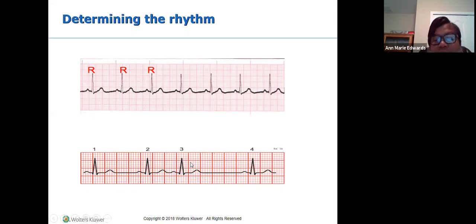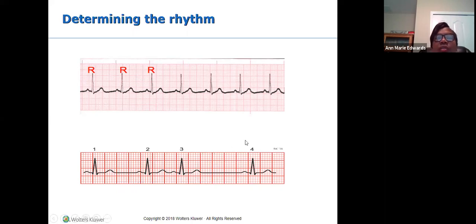Look how wide apart this is compared to this. So the distance between the R waves in this second strip is not the same, okay? While this one is the same. So we said our first strip, the rhythm is regular, and our second strip, the rhythm is irregular.